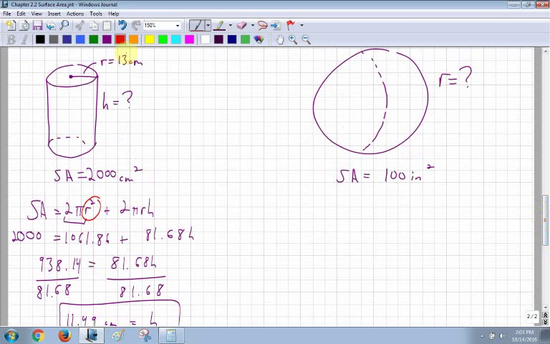Now my radius is in centimeters, and when I square that value, it ends up being centimeters squared, which in turn allows me to subtract off that value from 2000. So if 2000 is definitely centimeters squared, this value here is also centimeters squared because we squared the radius, which was 13 centimeters. Very, very good question.